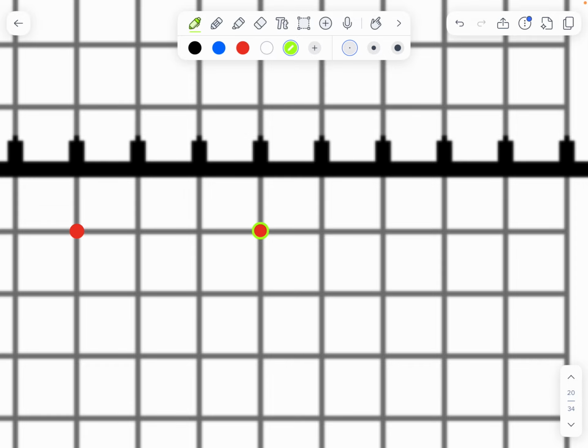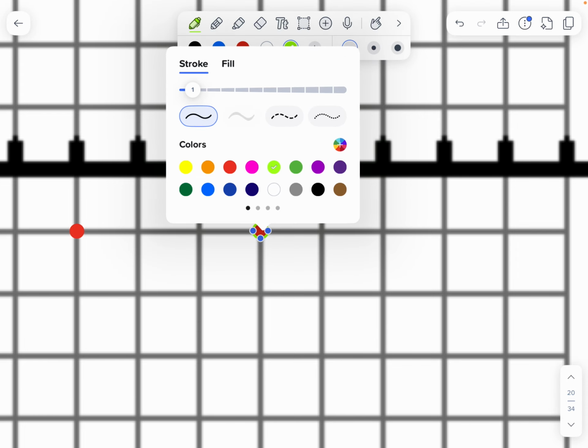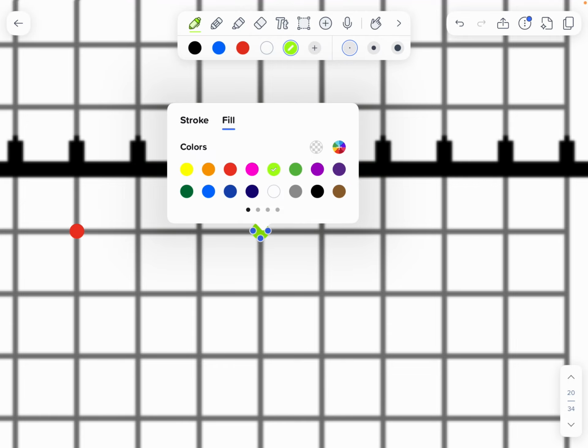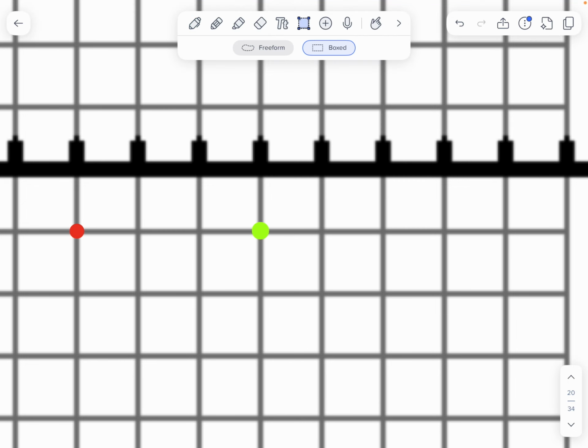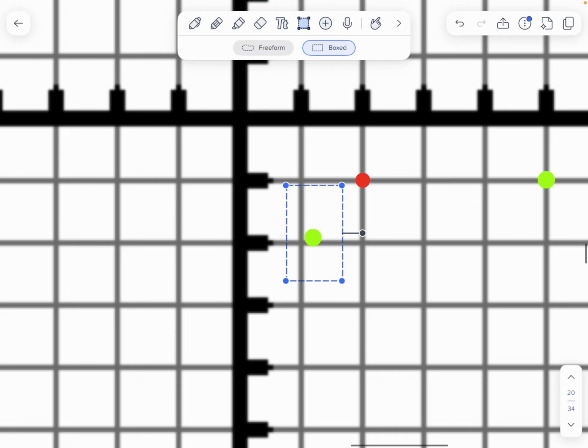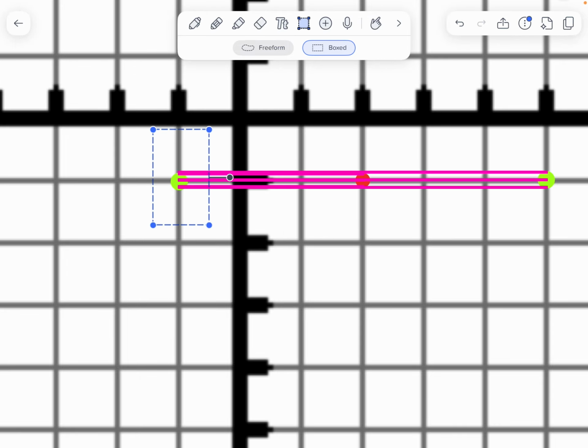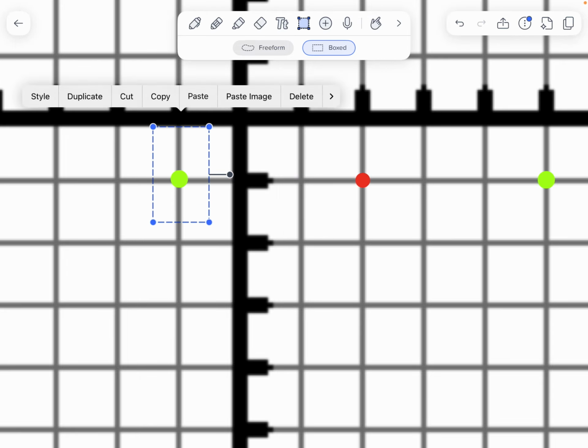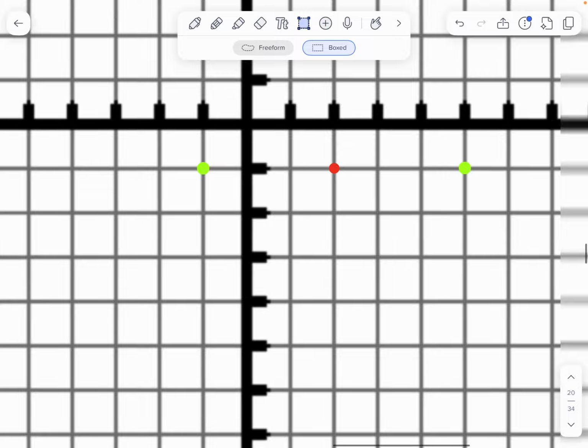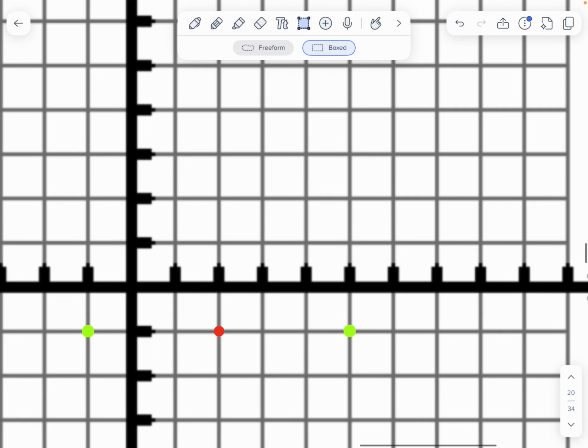This is going to be our vertex. Right, we have that. Okay, and now this is where the value of b might come in handy.